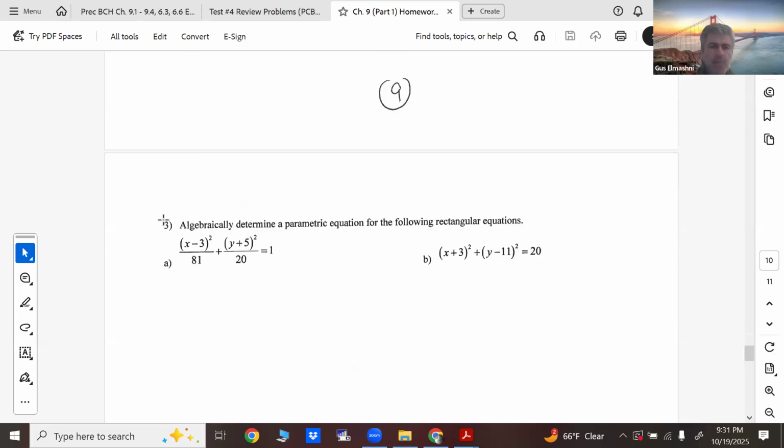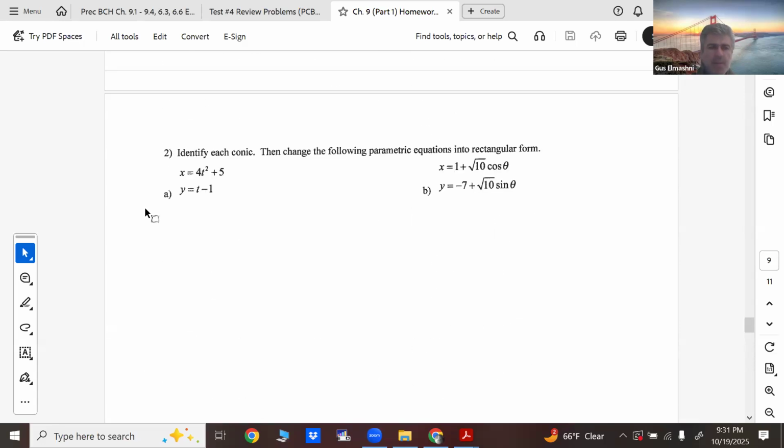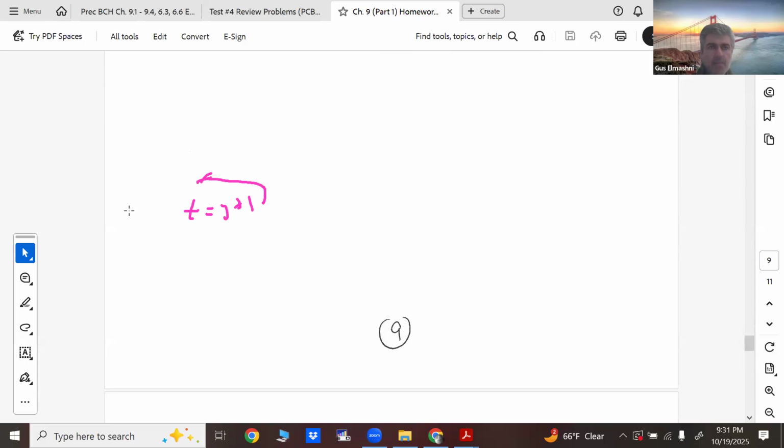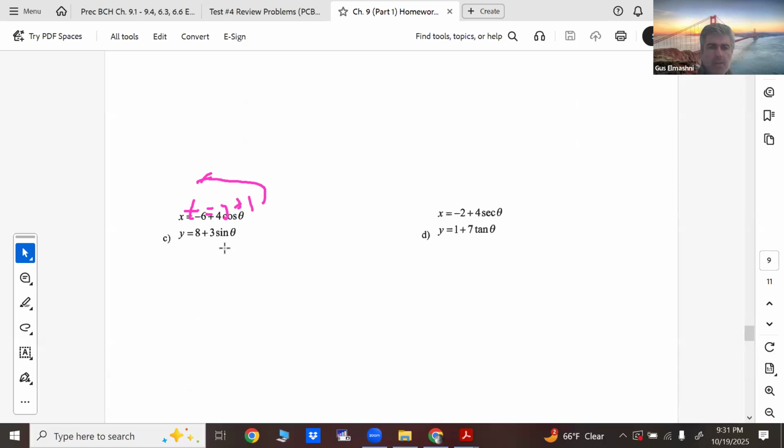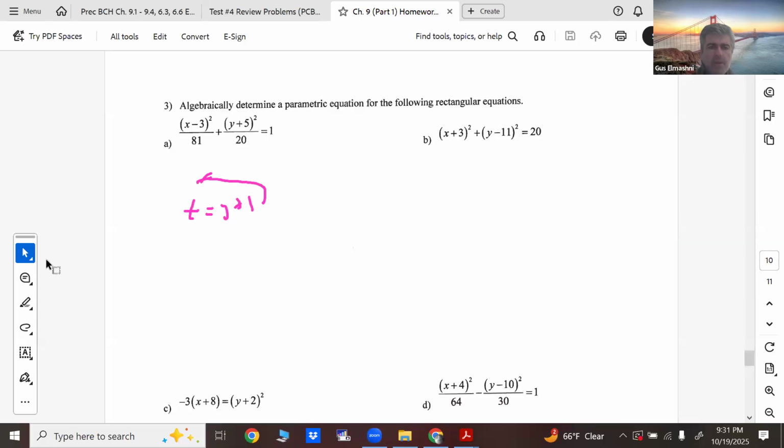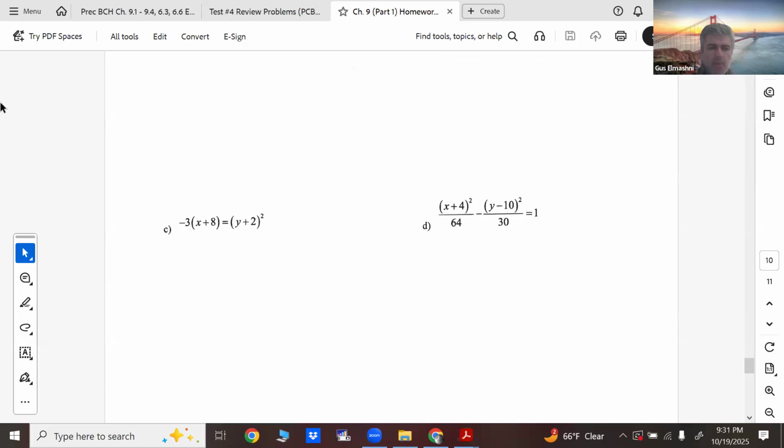Actually, this is pretty easy to convert. You could just substitute. I just do that. But here, that's where it gets a little too open-ended for a parabola. What do you let t really equal? Maybe let t equal y plus 2.